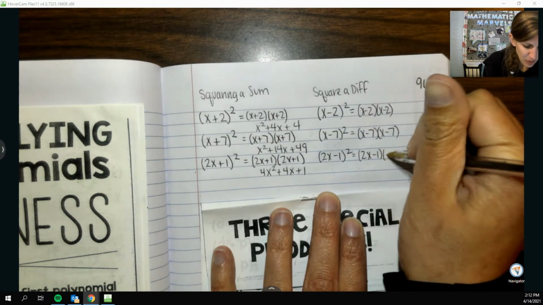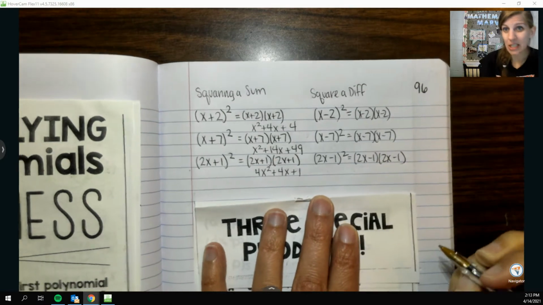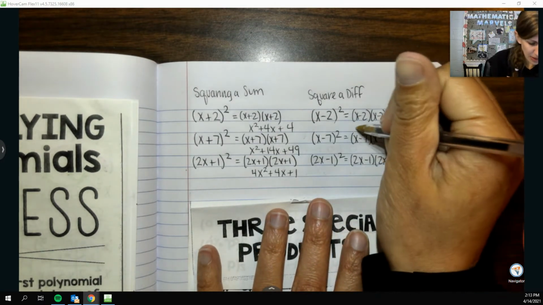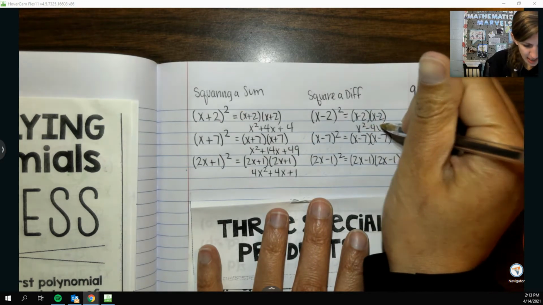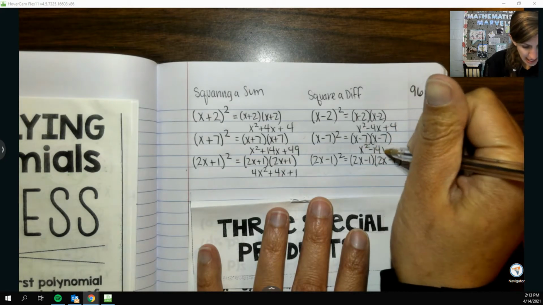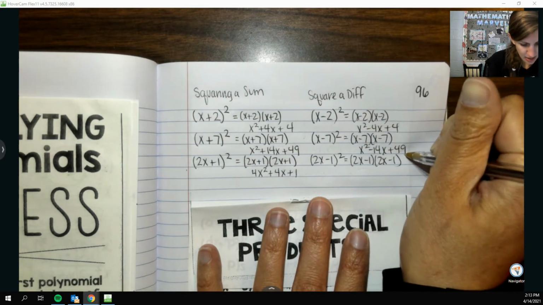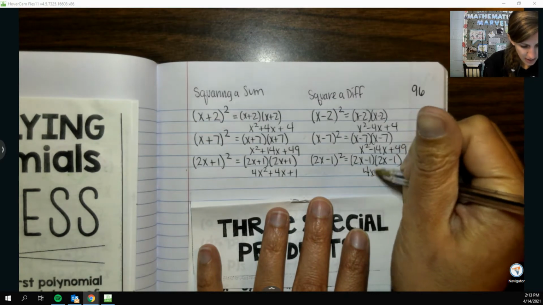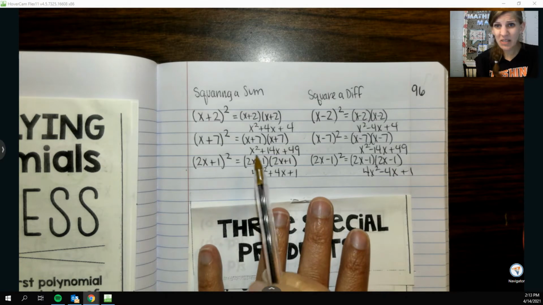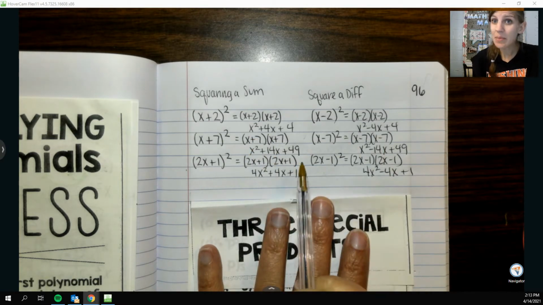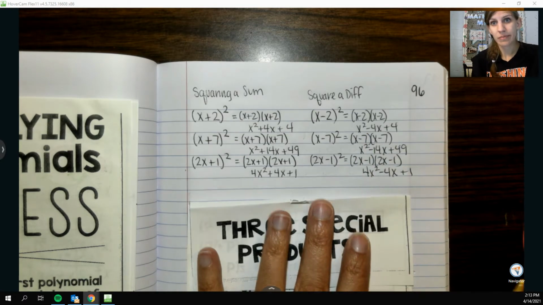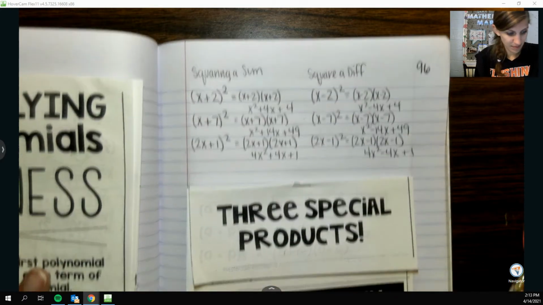But the more we do this same-number-times-itself deal, hopefully we notice a pattern. When we do it quickly, we get x squared minus 4x plus 4, x squared minus 14x plus 49, or 4x squared minus 4x plus 1. If you take a look, these answers are really the same numbers. The only difference is that first sign is subtraction now, which kind of makes sense.